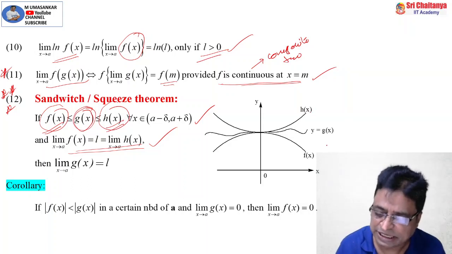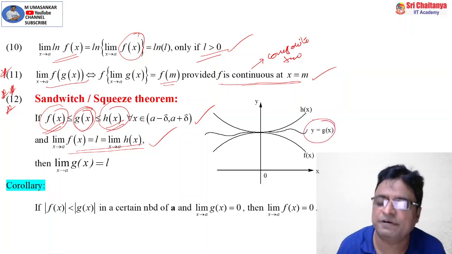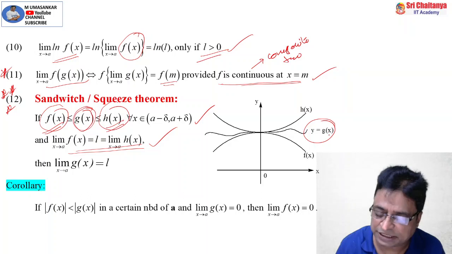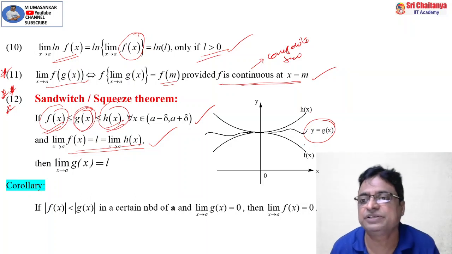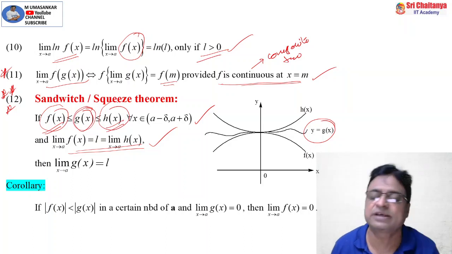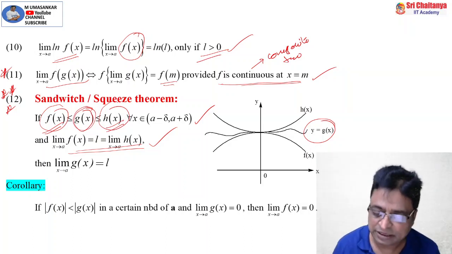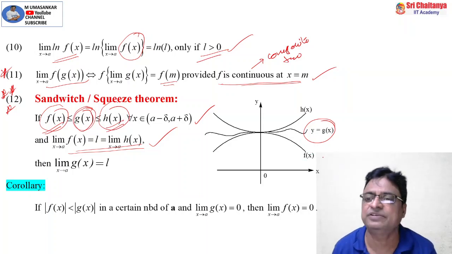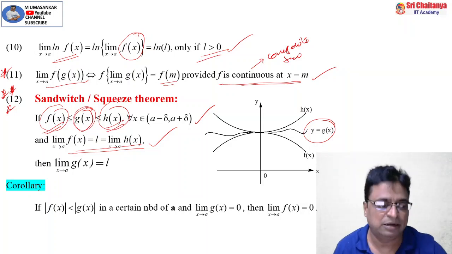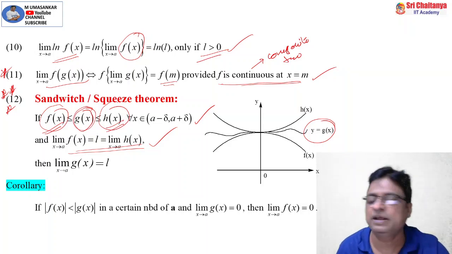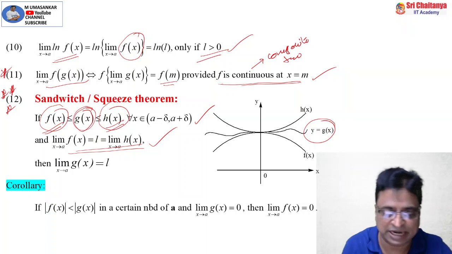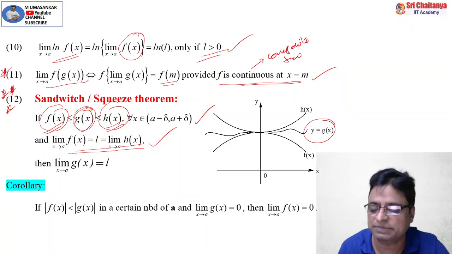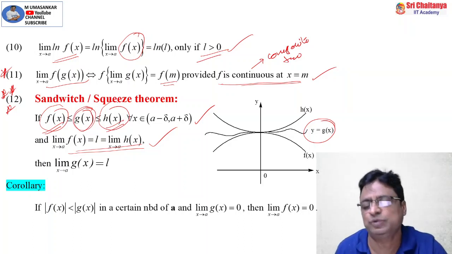That means to find the limit of the function g of x, if g of x lies between two different functions f of x and h of x whose limits are known to you and are the same, then the limit of the function in between exists and is also equal to L, that is, equal to the limit of the extremes. This concept is called the sandwich theorem or squeeze theorem.